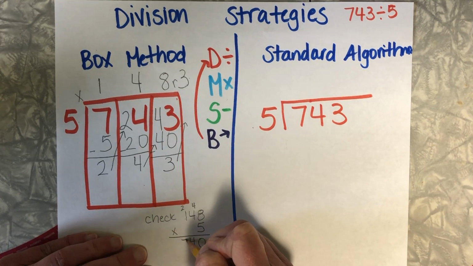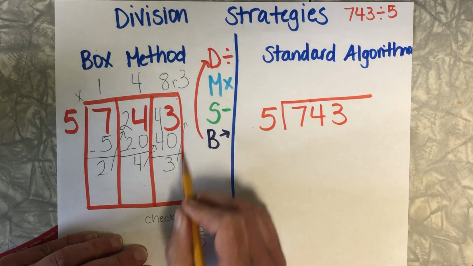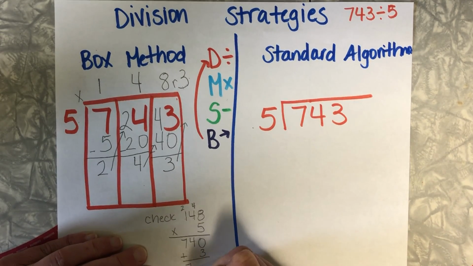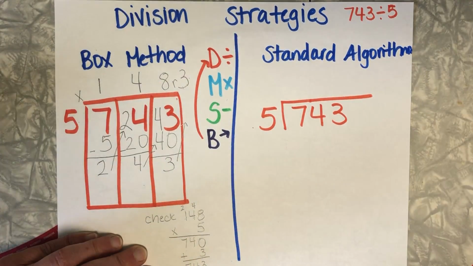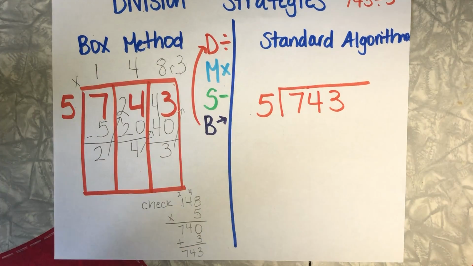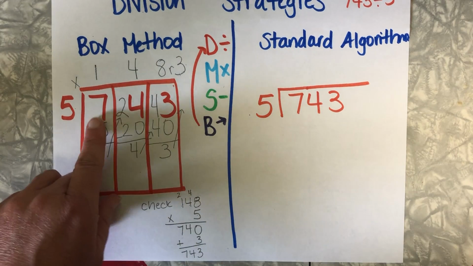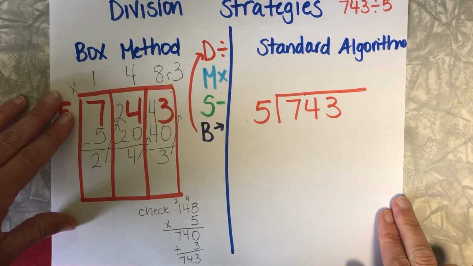Plus 2 is 7. And now I'm going to add my remainder of 3. 740 plus 3 is 743. So I was correct. I ended up with an answer that was the same as my dividend.